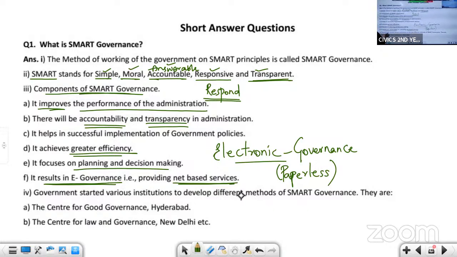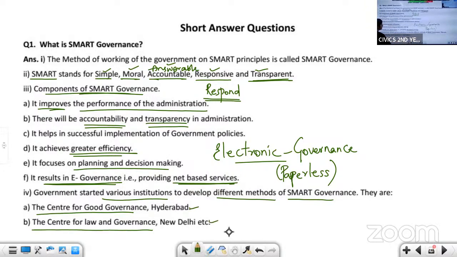Government started various institutions to develop different methods of smart governance. They have started by establishing some institutions who will work on how we can use smart governance or electronic-based government. We have the Center for Good Governance in Hyderabad and the Center for Law and Governance in New Delhi.